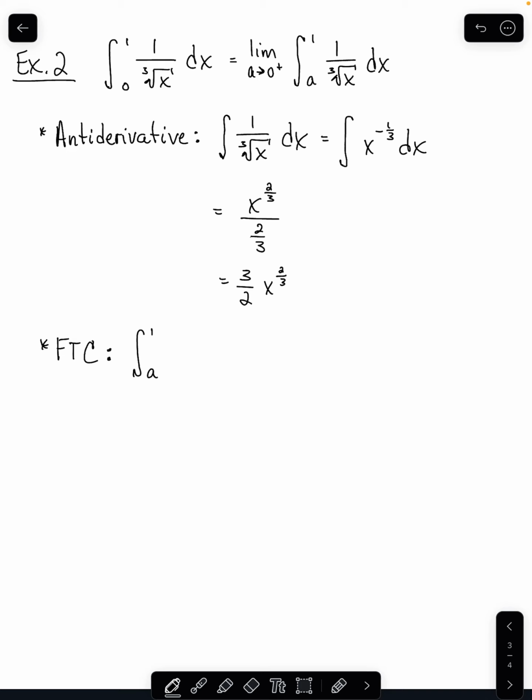Our integral is from a to 1. So we have our antiderivative, 3/2 x to the 2/3, evaluated at 1 minus the evaluation at a.